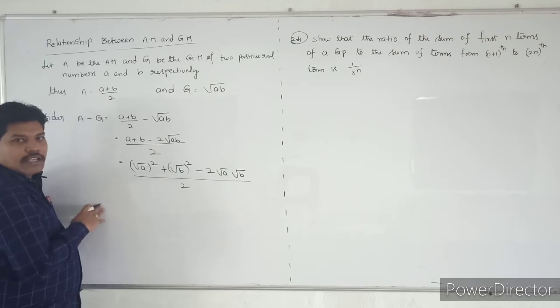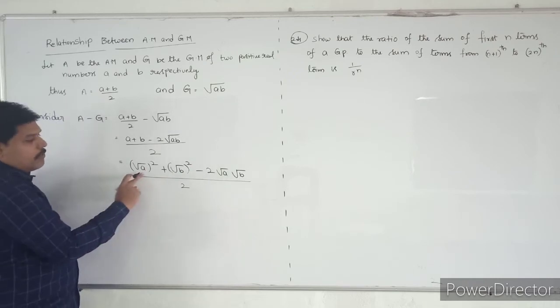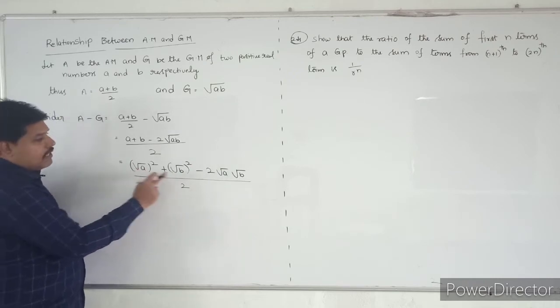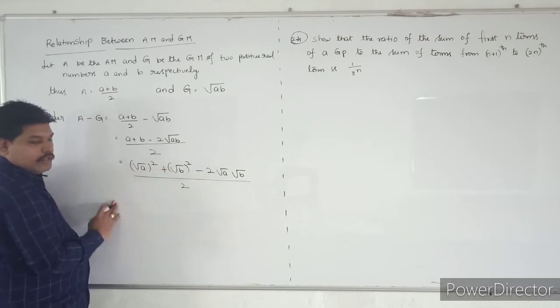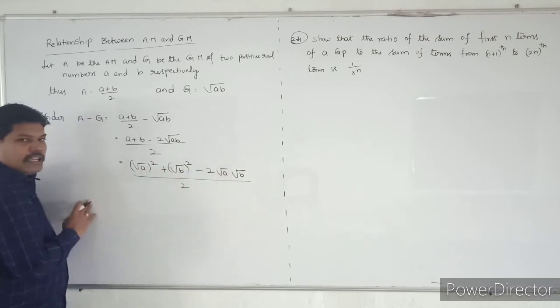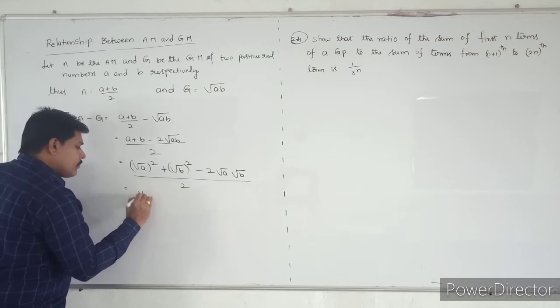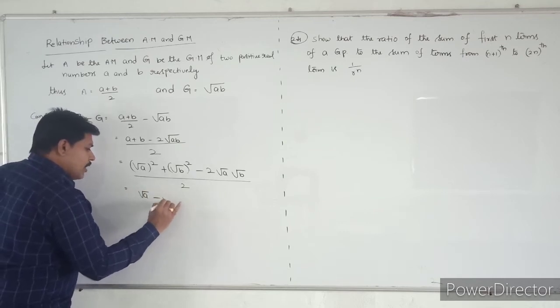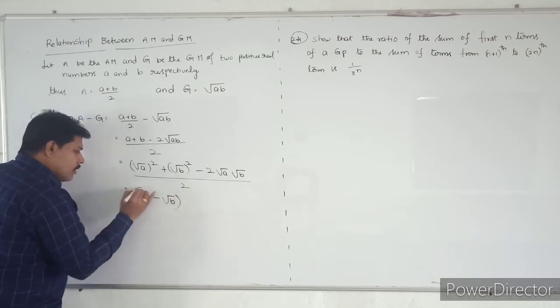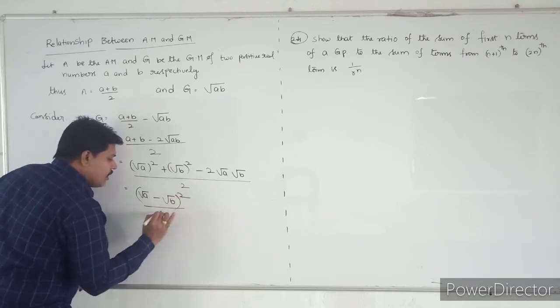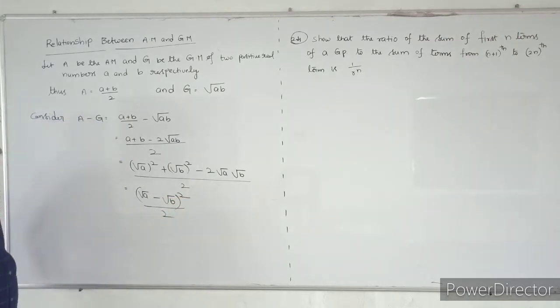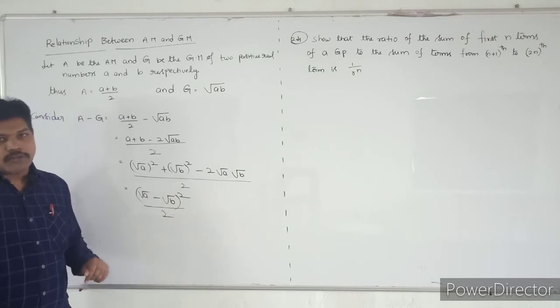In the place of a we have root a, in the place of b we have root b. So we can write this numerator as (root a minus root b) whole square by 2.